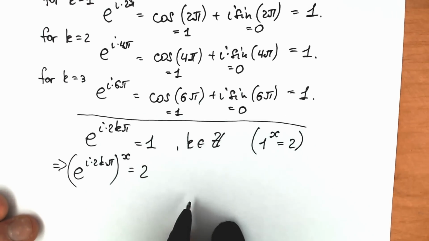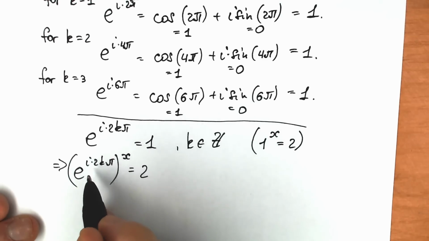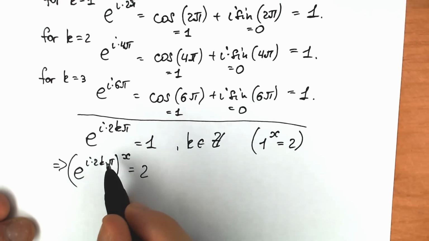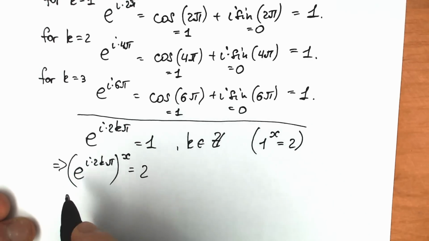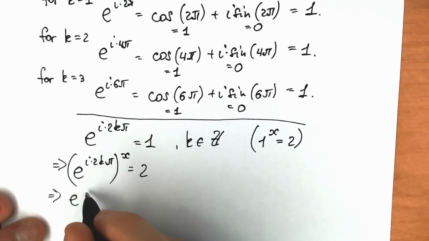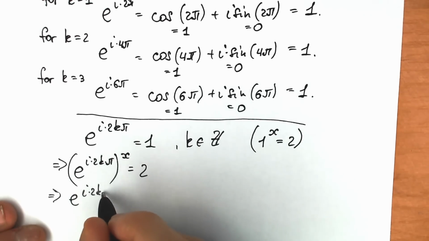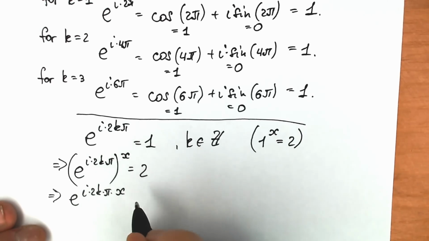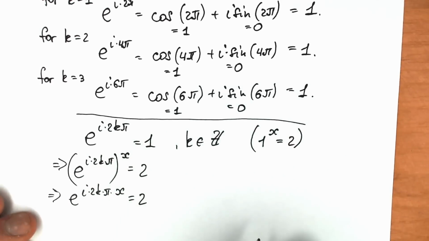First of all, we're gonna multiply our powers, because we're talking about a rule, a to the power x raised to the power y. We just need to multiply x times y. So in our case we're gonna multiply our powers. So we have e to the power I times 2k pi times x equal to 2.